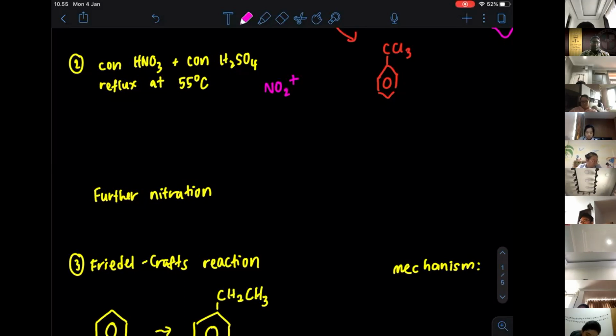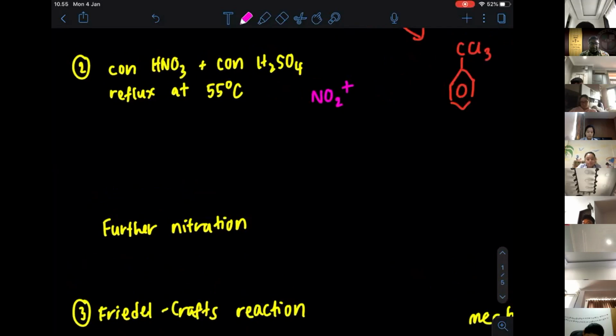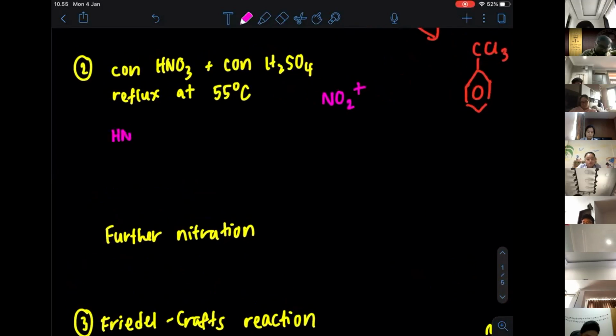Anyway, you need to know how to write the equation for the electrophile. If I have HNO3 and concentrated H2SO4, how do I get this NO2+?